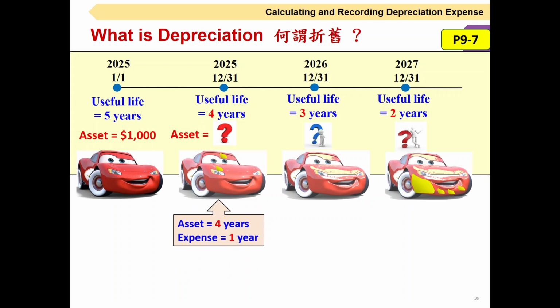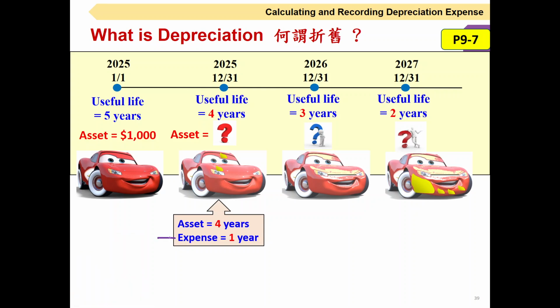Remember, what's the difference between assets and expense? Assets have a future economic benefit. When you used your assets, the part you used has no future economic benefit. No future economic benefit means what? That's your expense. Okay? So assets decrease, expenses increase.